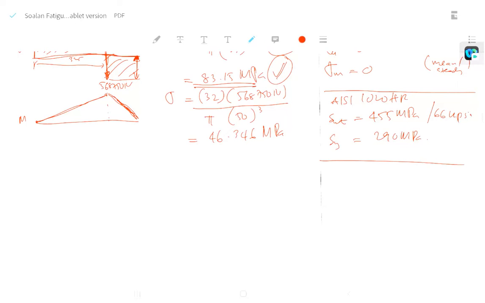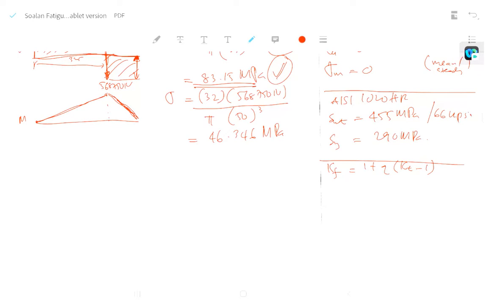Okay, next determine the stress concentration factor at the notch. The formula of KF is equal to 1 plus Q times KT minus 1. So what is Q? What is KT?